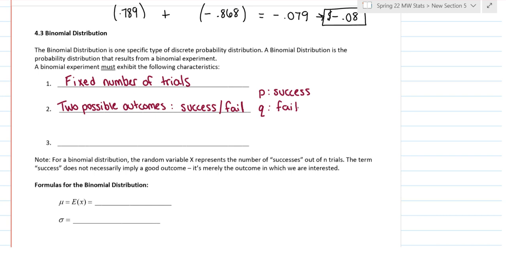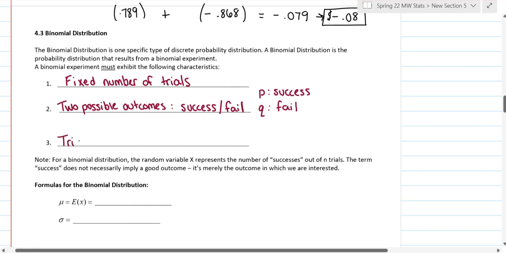The last one is that the trials are independent and they will remain constant. Okay, so trials are independent. So p and q will remain constant. So each time I do the trial, p is the same. The probability is the same every time.